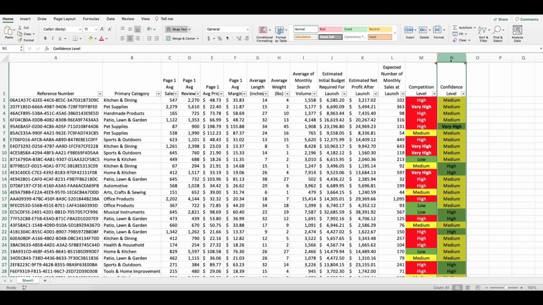When you look at all of these data points within the spreadsheet, use them more as relative to each other as opposed to absolute values. If you see, for example, the number of sales for row 2 is 547, and then row 3 is 2279.